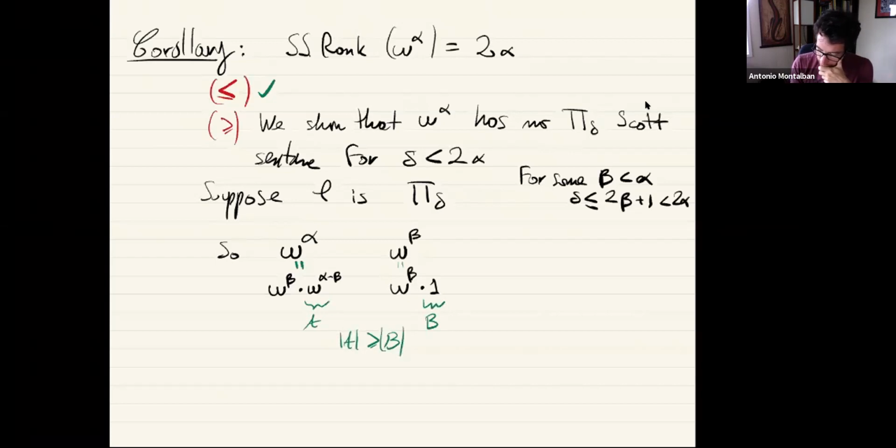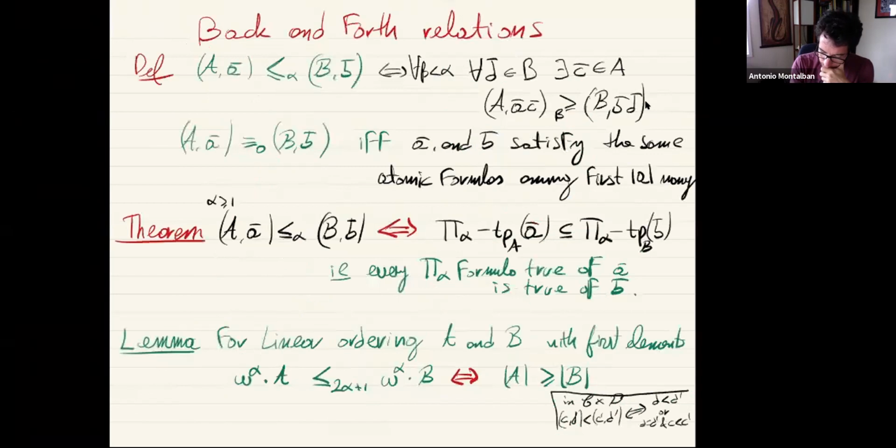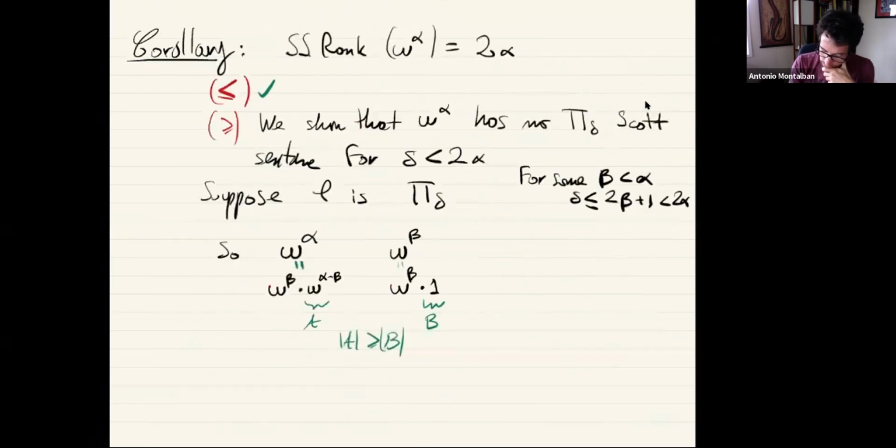So what we get from this lemma is that this is less than or equal to 2 beta plus 1.